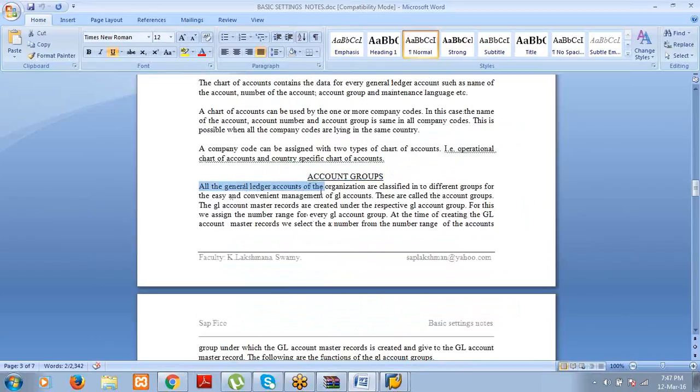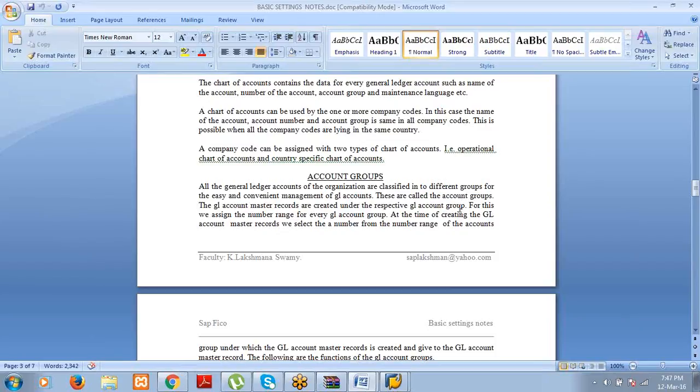All the general ledger accounts of the organization are classified into different groups for the easy and convenient management of GL accounts. These are called account groups. The GL account master records are created under the respective GL account groups. GL account master records means individual ledger accounts are created under the respective account group.